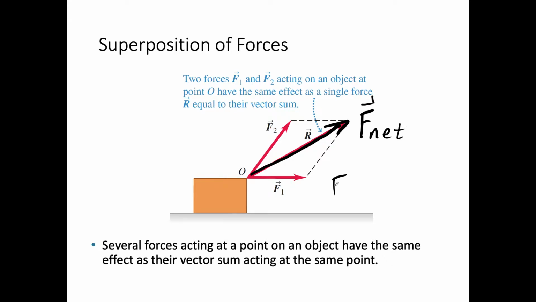F net is F1 plus F2 as vectors. It means the net force has the same effect. If you only apply F net, it will have the same effect as if you have F1 and F2 at the same time. This is the definition of net force.